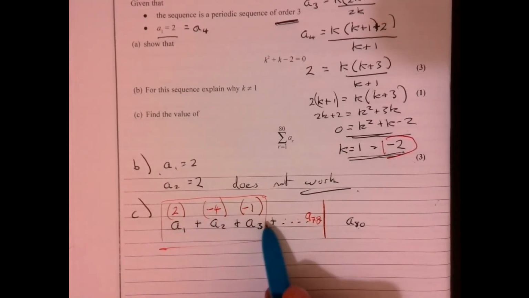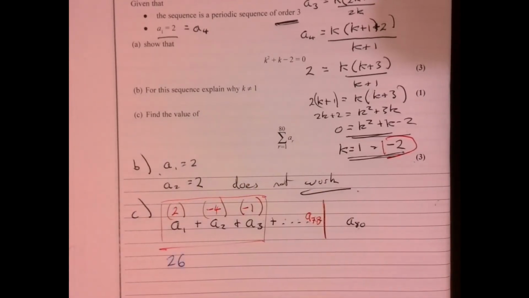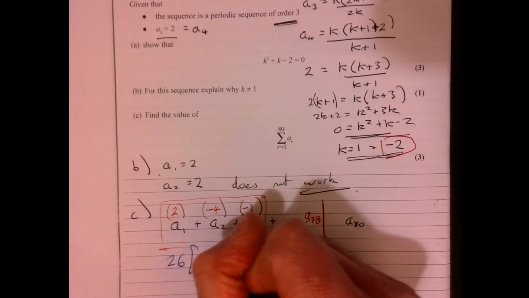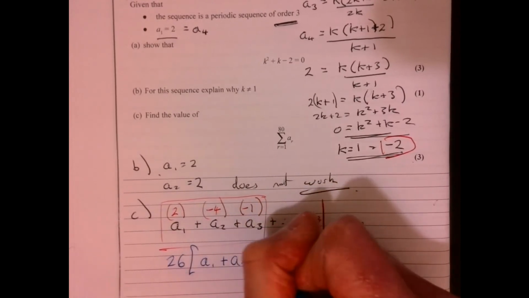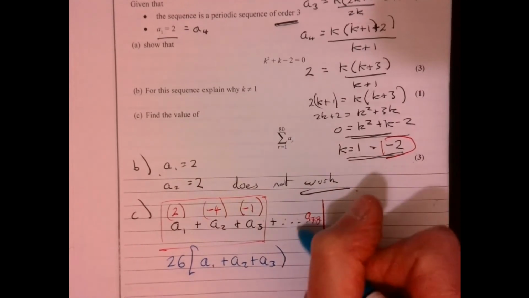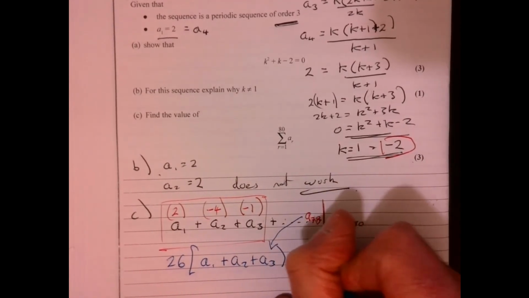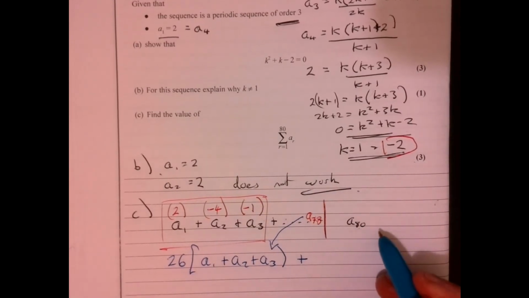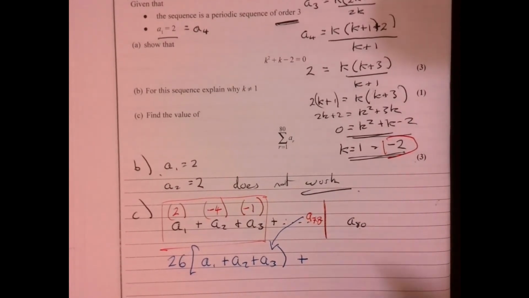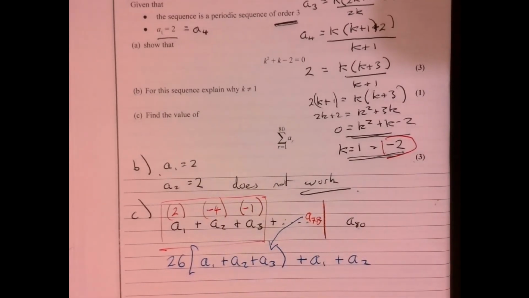So there are 26 lots of these 3s, 26 lots of A1 plus A2 plus A3, with A78 being the very last one. Then you've got plus A79 plus A80. Remember, it's periodic, so that's effectively A1 plus A2.